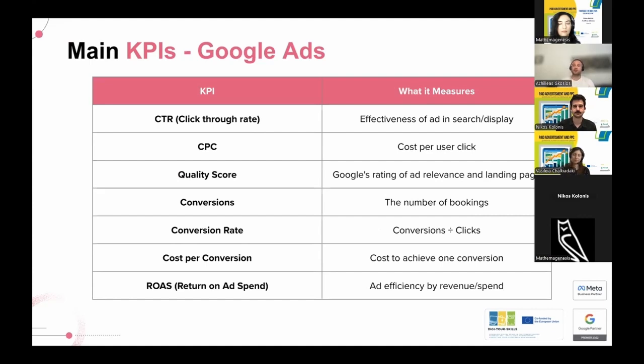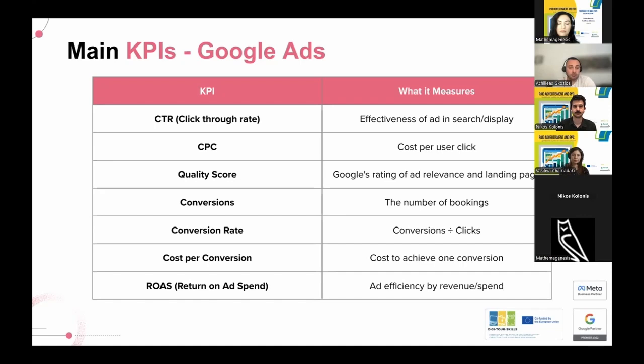CPC, as Nikos said, is how Google charges the advertiser, how much each click costs us. Quality score is a quality data that shows us how relevant our ad is with the keyword and with the landing page of our website.